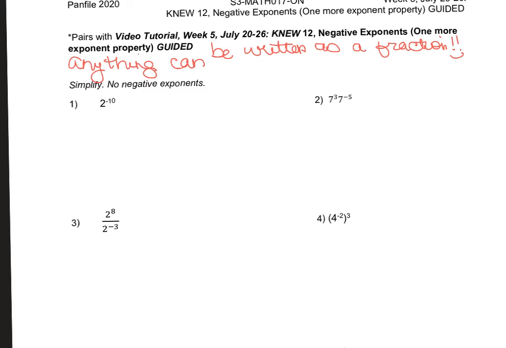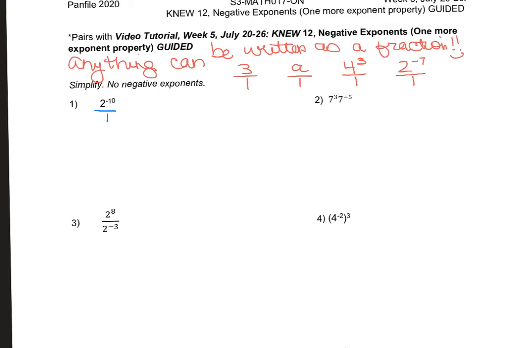And how do you do that? Well, you can put it over 1. So we can write 3 over 1. We can write a over 1. We can write 4 to the 3rd over 1. We can write 2 to the negative 7th over 1. So looking at number 1, then, we can write that over 1.